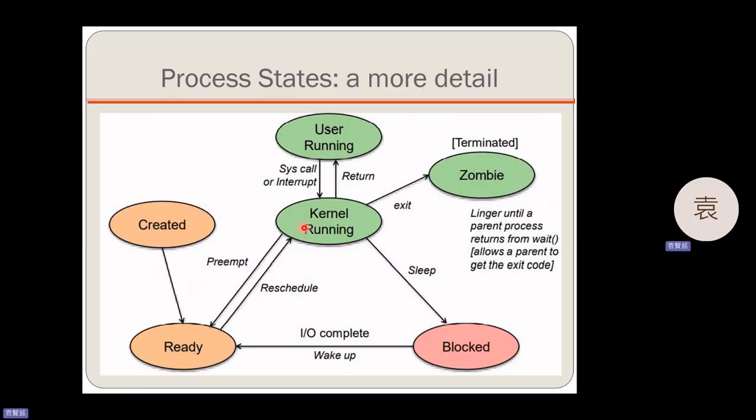Sometimes this service function can return immediately. So after this service function finishes, the system call will return, and the CPU will change its mode back to the running mode and then continue.